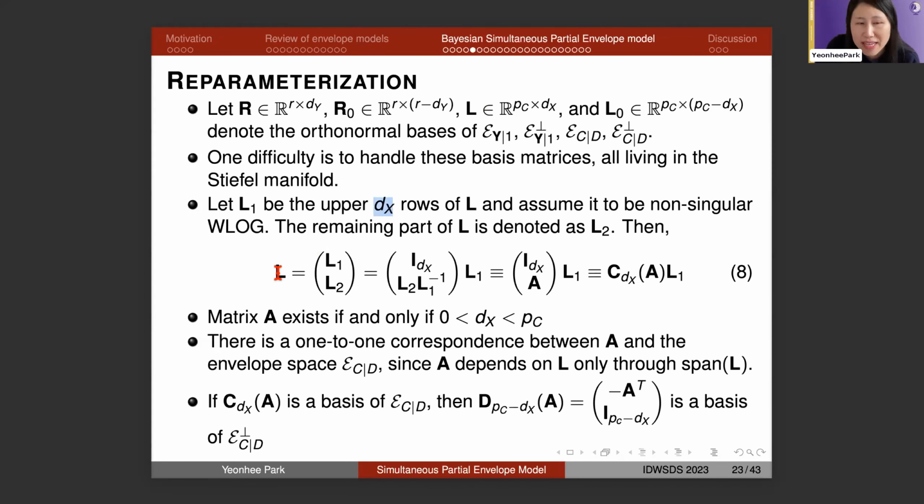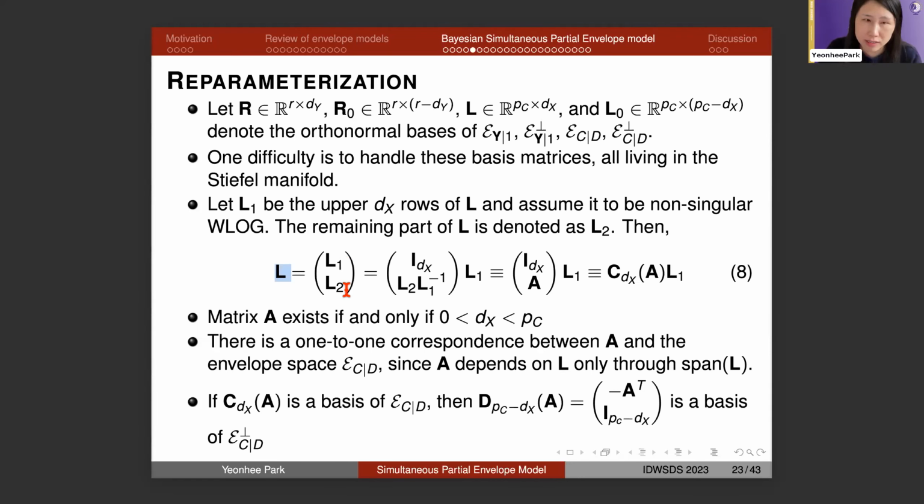Then our basis of the partial predictor envelope, L, is written in submatrices L1 and L2. L1 is the upper dx rows of L, and we could assume it to be non-singular.